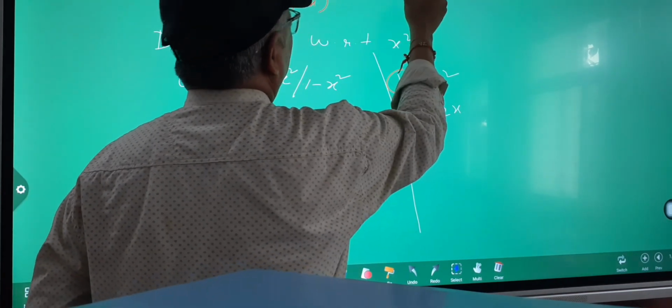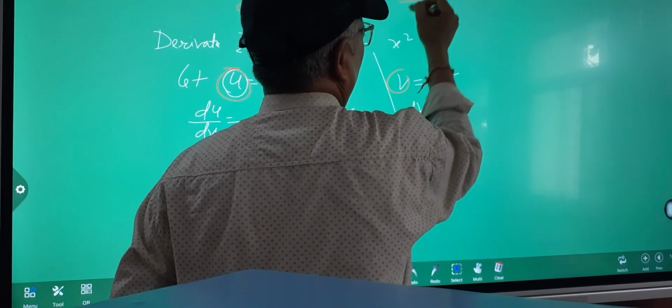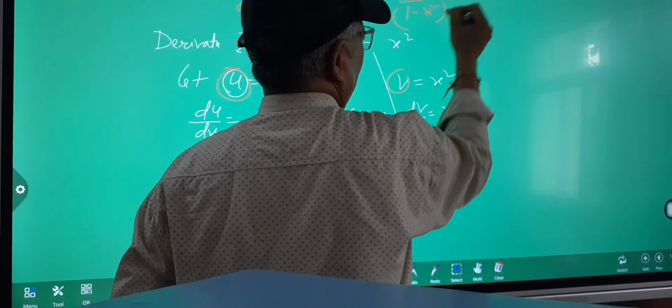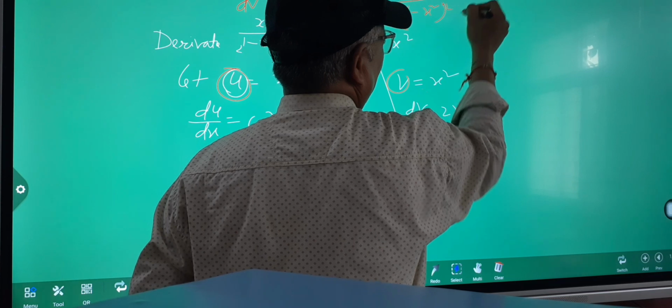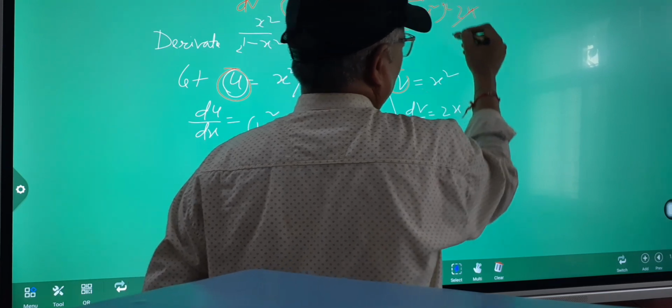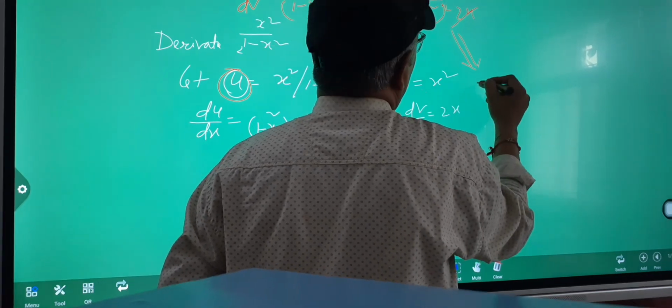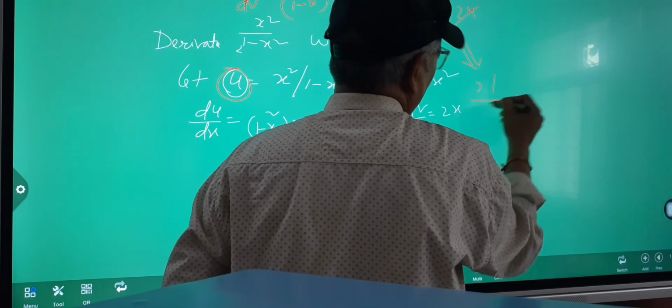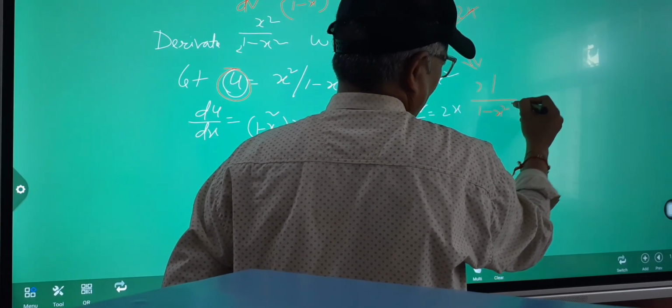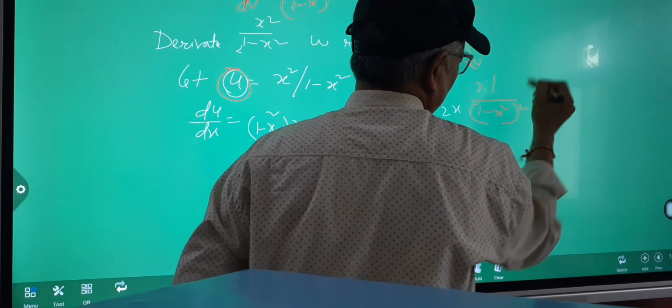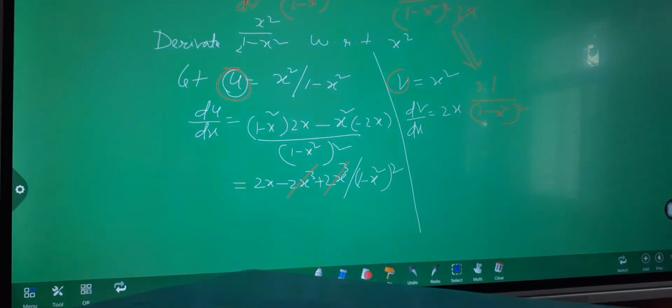So it can be written as 2x upon 1 minus x square whole square and it is divided by 2x. 2x will cancel by 2x. So result will be finally 1 upon 1 minus x square and whole square. This is the answer. Note it down.